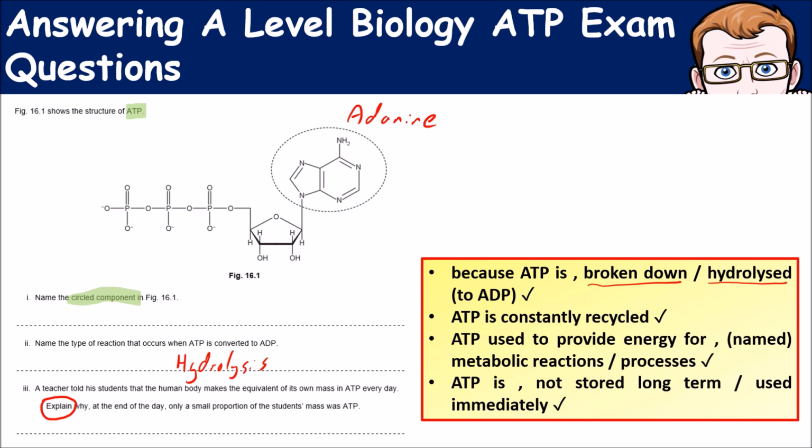The ATP is constantly recycled. The ATP is used to provide energy for metabolic reactions. Don't just say provides energy, talk about it providing energy for metabolic reactions. And the fact that the ATP is not stored, so it's used up relatively quickly. Those are some of the key things that you'll talk about in that instance.